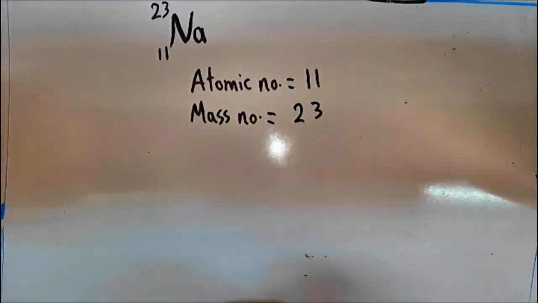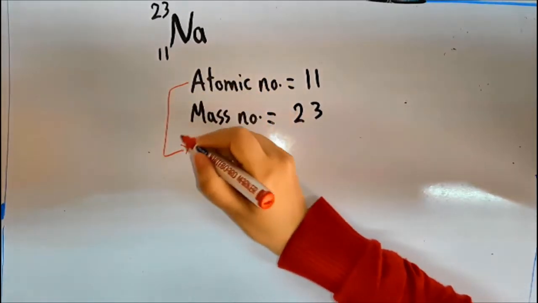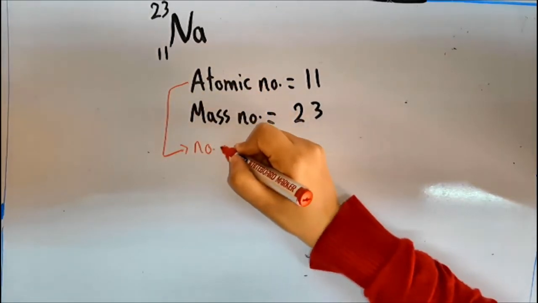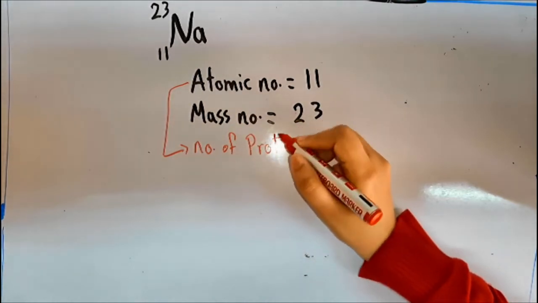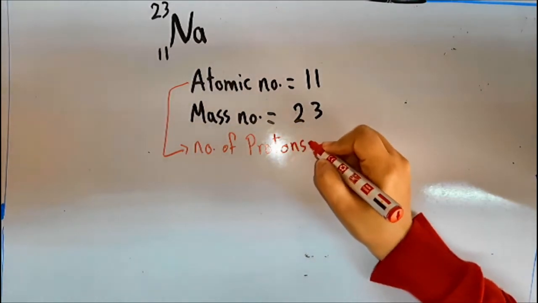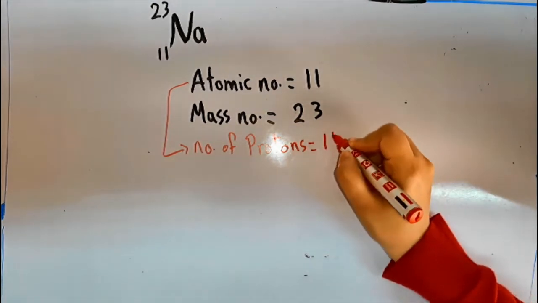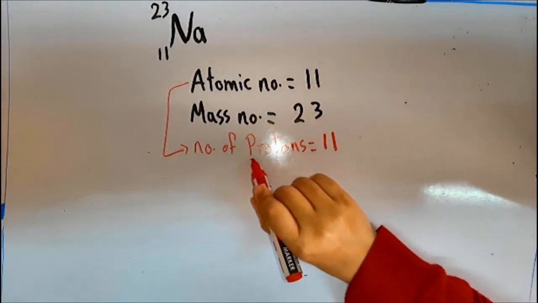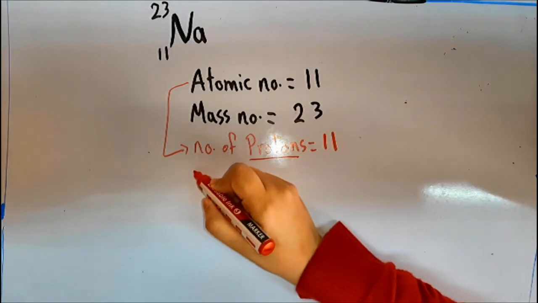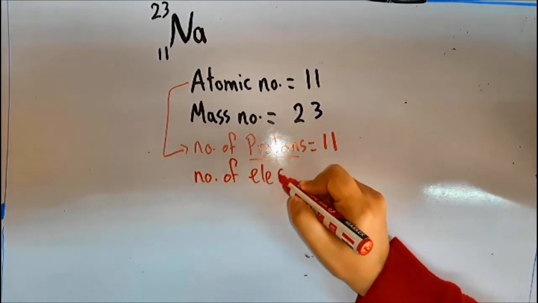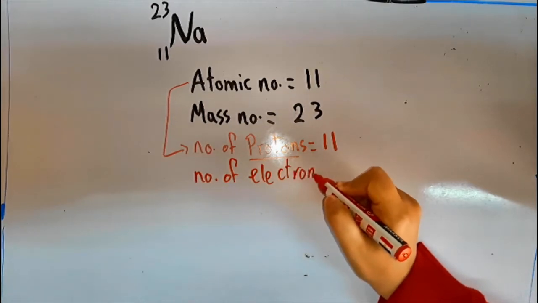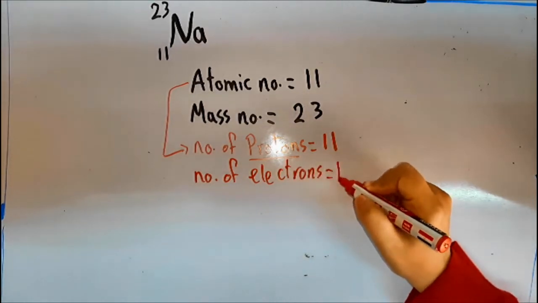The atomic number equals the number of protons, so the number of protons also equals 11. And as I said, the number of protons equals the number of electrons, so the number of electrons also equals 11.